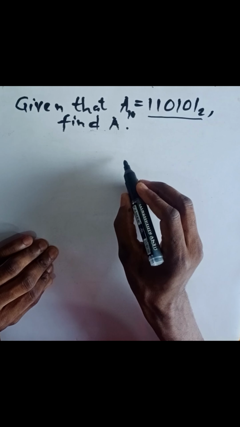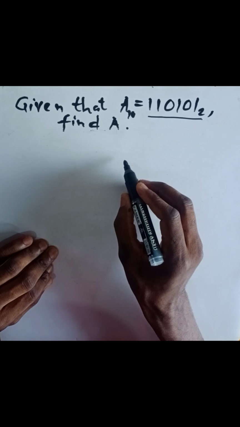This is the last unit, isn't it? So to make this one unit, that will be 2 raised to the power of 0. Accordingly, this one will be power of 1, this one power of 2, this one power of 3, this one power of 4, while this one will be power of 5.